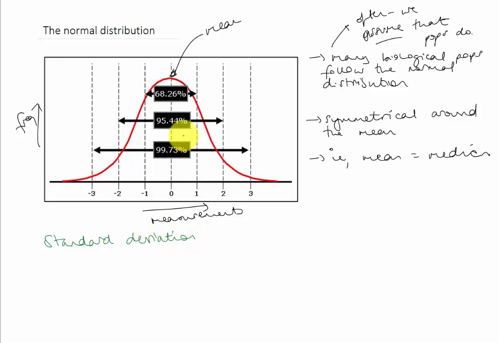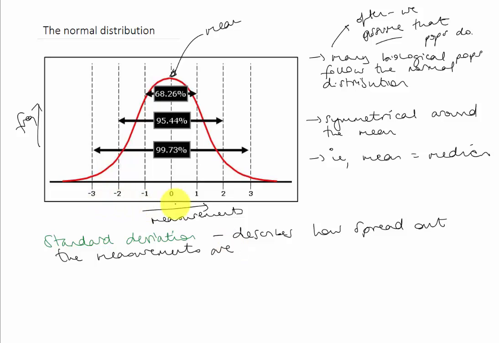So in a normally distributed sample, we can describe that by standard deviation, which describes how spread out the measurements are. Okay, so here our measurement is standardized to the number of standard deviations, but even if they're symmetrical, that doesn't really describe how close together the measurements are.